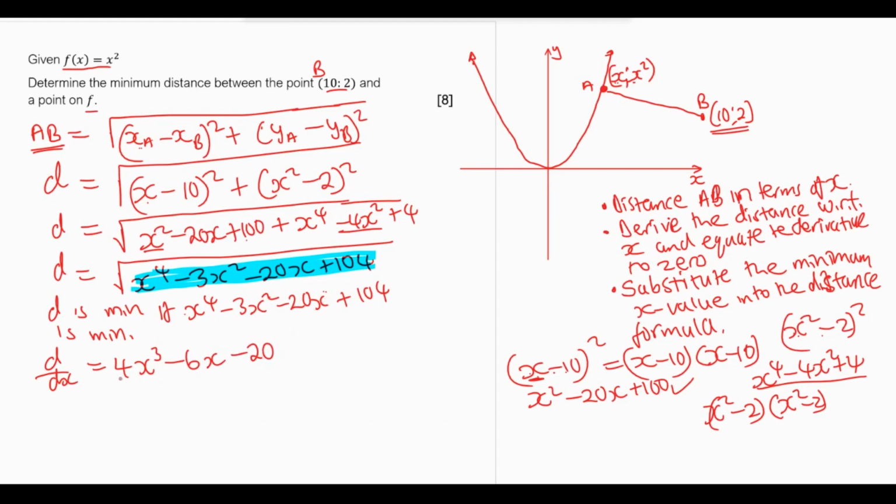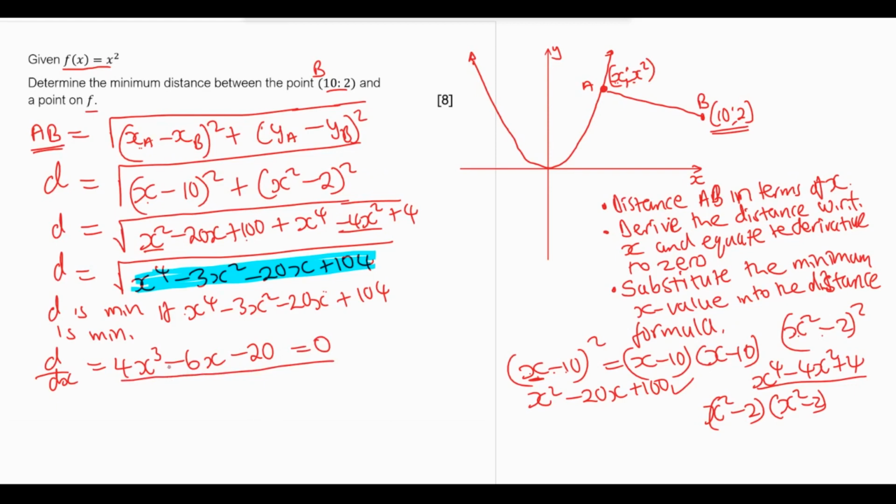This is the derivative. And then we equate this to 0. Now we have to find the x value. We have to solve for x here. What we need to do is factorization.